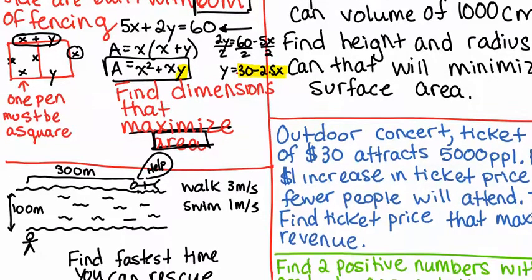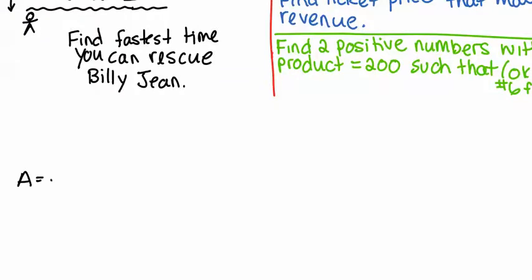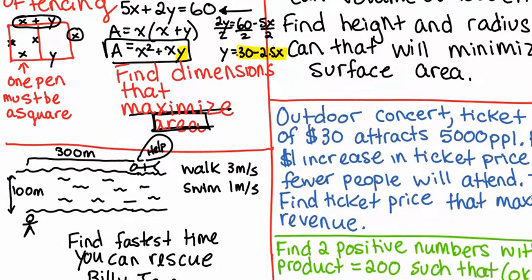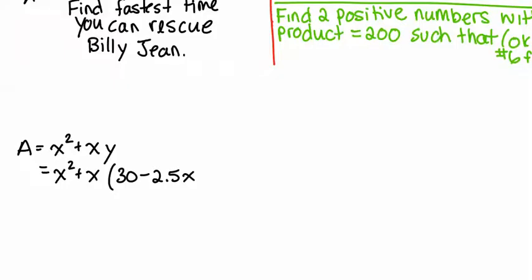So area equals x squared plus xy, and y is equal to 30 minus 2.5x.